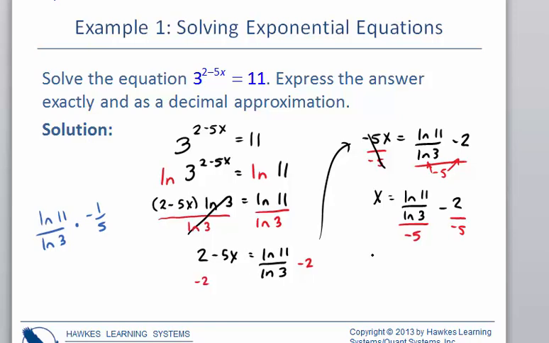So that part becomes negative natural log of 11 over 5, times the natural log of 3. And then this negative 2 over negative 5 becomes plus 2 over 5. And that's going to be the exact value for our answer.